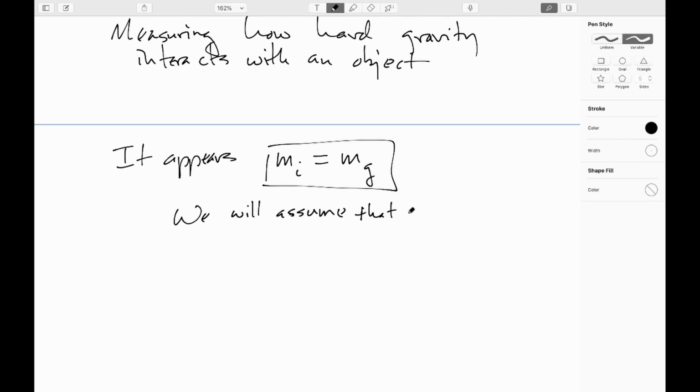Now, Einstein is known for his theory of special relativity. That's the thing that gives E equals mc squared. He also had the theory of general relativity, which is the current best model of gravity that we have out there.